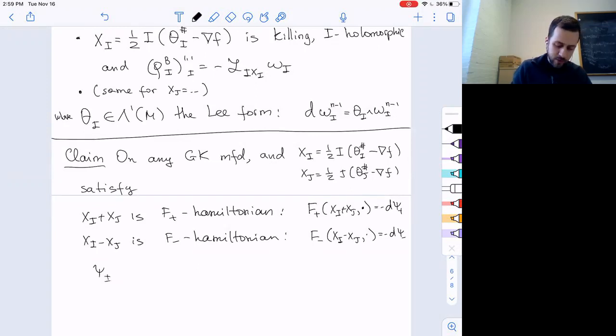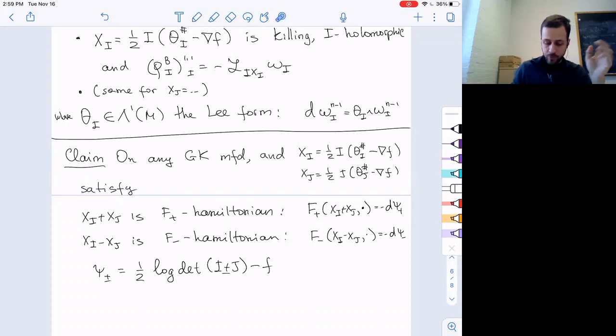So psi plus or minus is 1/2 log determinant of (I plus or minus J) minus f. So psi plus or minus are not defined everywhere. They're defined only where I plus or minus J is invertible, and this is the same locus where f plus or f minus is defined. So the domain of psi is the same as the domain of f.